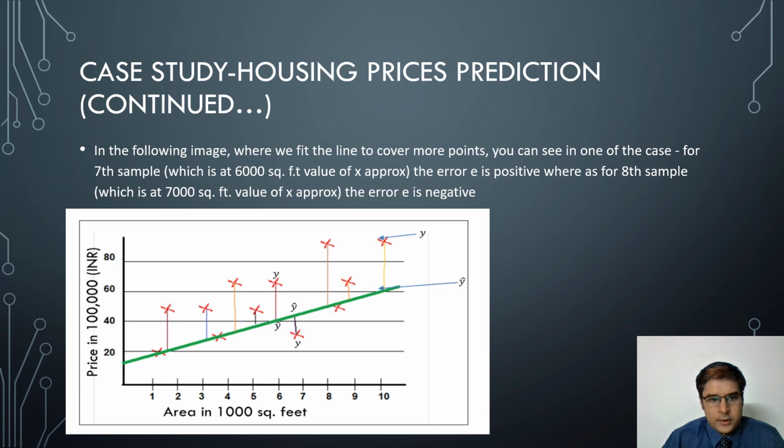In the following image, where we fit the line to cover more points, you can see that for the 7th sample, at approximately 6000 square feet, the error is positive, whereas for the 8th sample, at approximately 7000 square feet, the error e is negative. So you can see here the error y minus y cap is positive, and here it is negative.